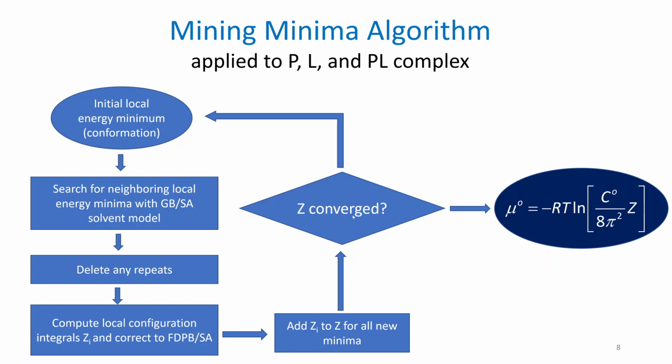It may be time to declare the run converged and report out the free energy, also known essentially as a chemical potential, for this particular species, the protein, the ligand, or the complex. If it's not converged, we go back, search for local minima again, and iterate to convergence.